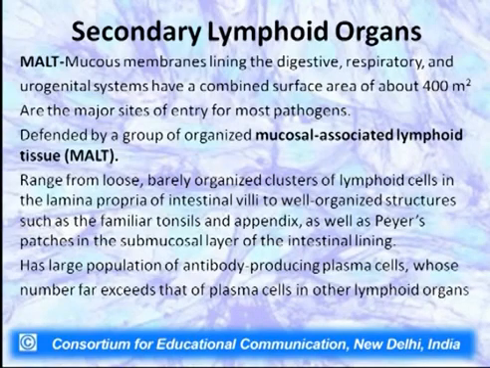They range from loose, barely organized clusters of lymphoid cells in the lamina propria of intestinal villi to very well organized tissues like tonsils, appendix, Peyer's patches, etc. They have a large population of antibody producing plasma cells whose number far exceeds that of plasma cells in other lymphoid organs.